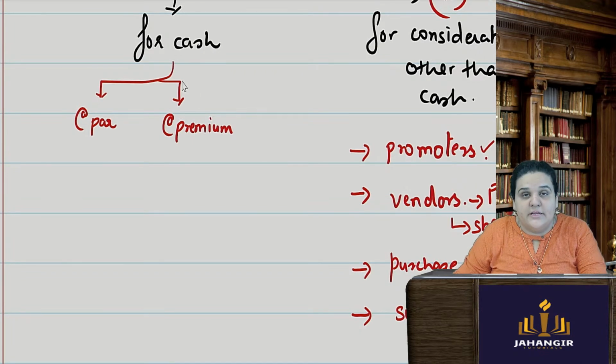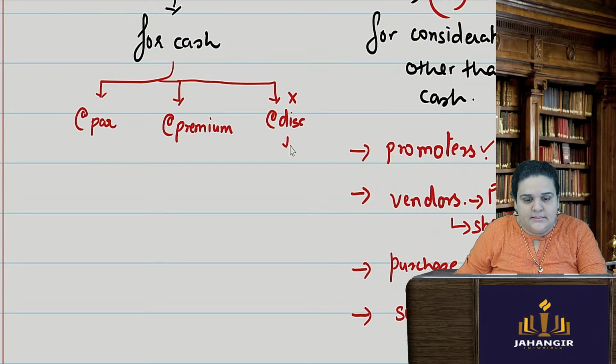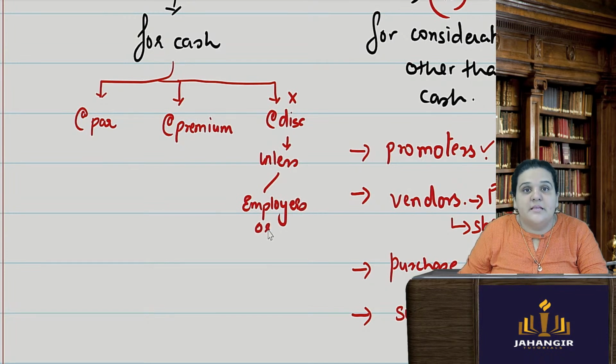Shares cannot be issued at discount, unless it is either given to employees, or it is reissued as forfeited shares.